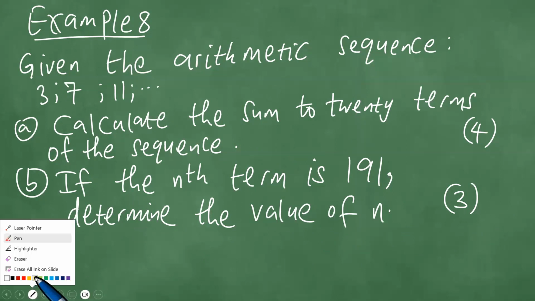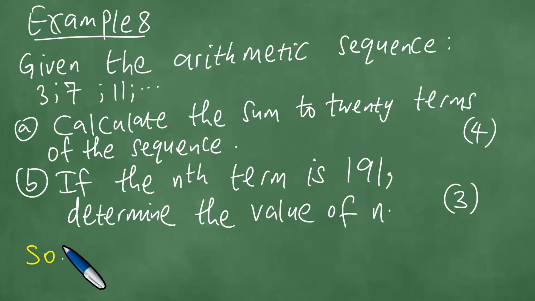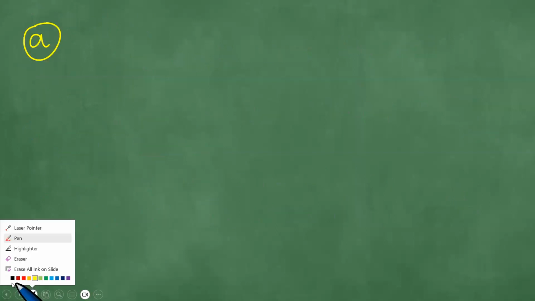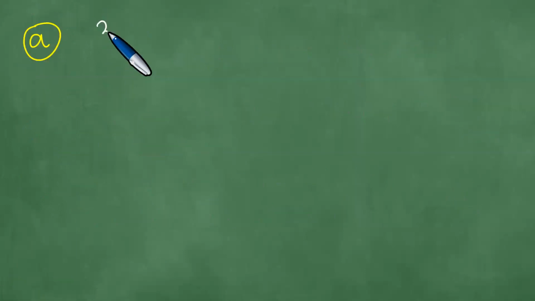So at this point, we are looking for the solution to this. To calculate the sum to 20 terms of the sequence, we write down the question first. So we proceed to look at A. We have 3, 7, 11.